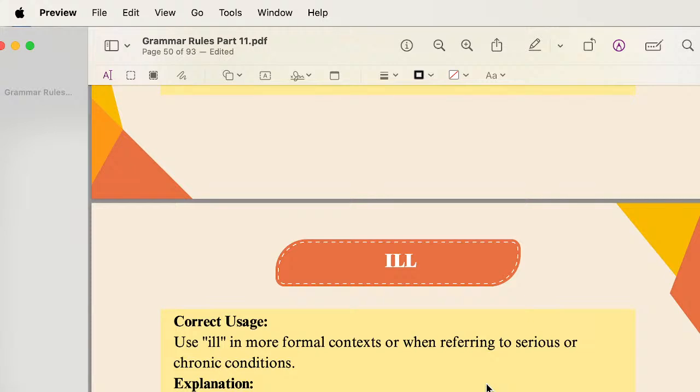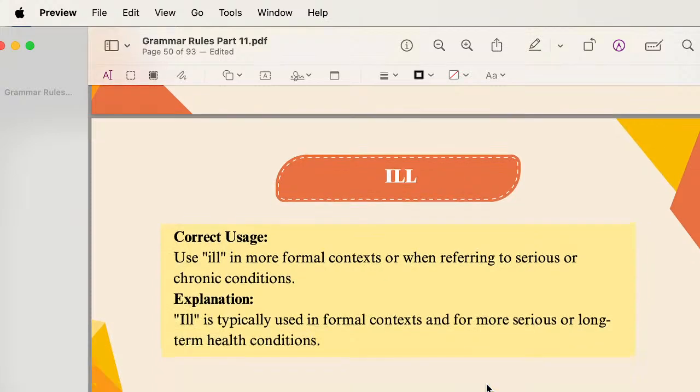But ill is used more formally for serious or chronic conditions, chronic diseases. For that, you use the word ill. So ill is typically used in formal contexts and for more serious or long-term health conditions. Alright?